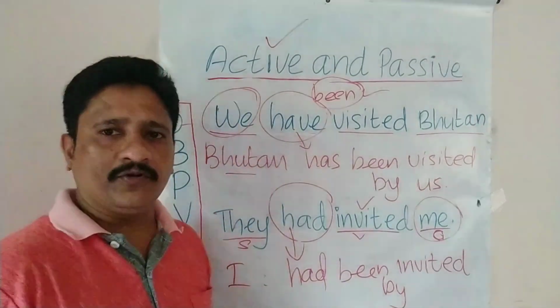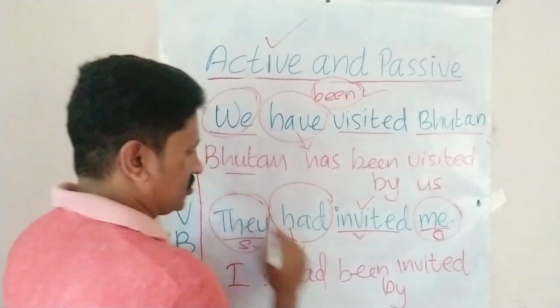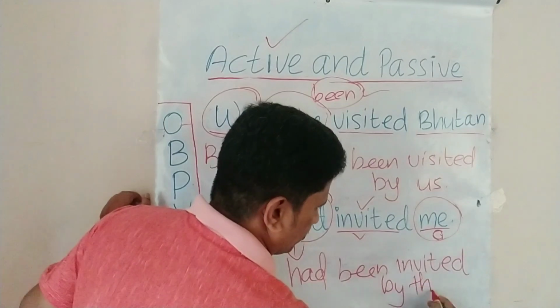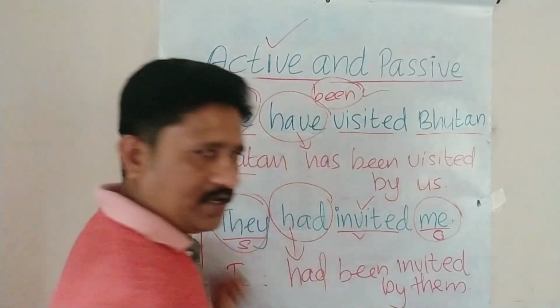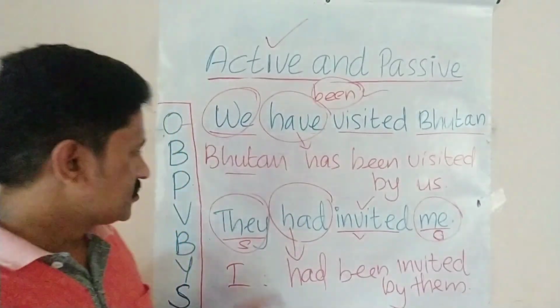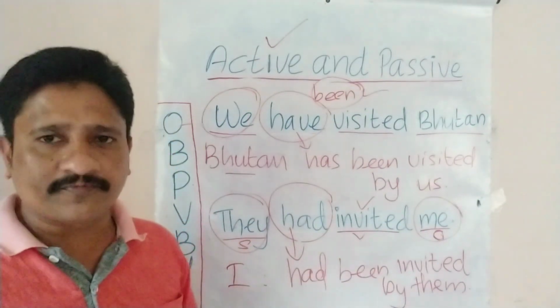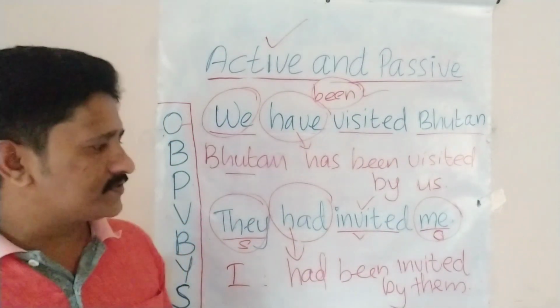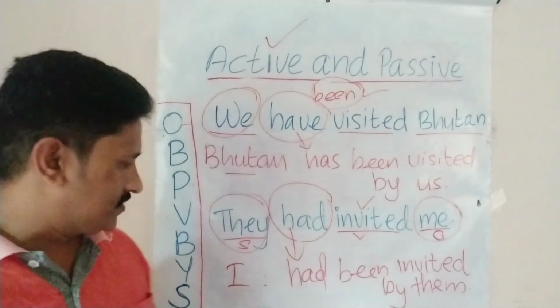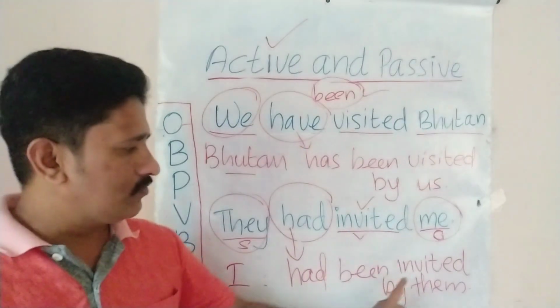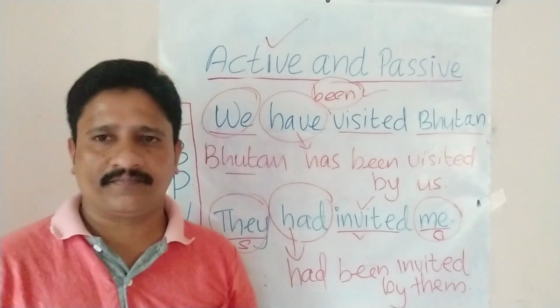Now you have to say by. They changes into by them. So they had invited me is an active voice, and the passive voice formation of the sentence is I had been invited by them.